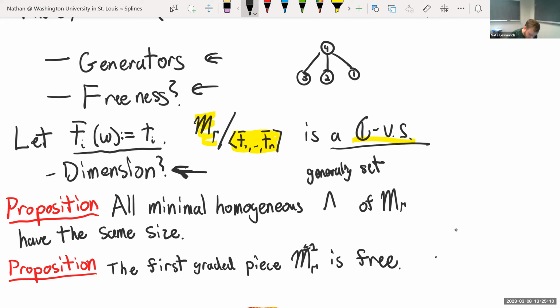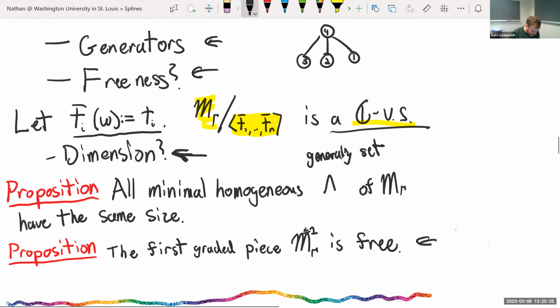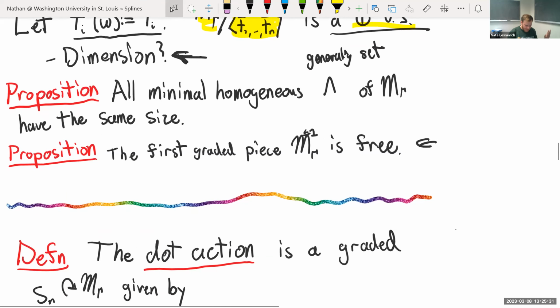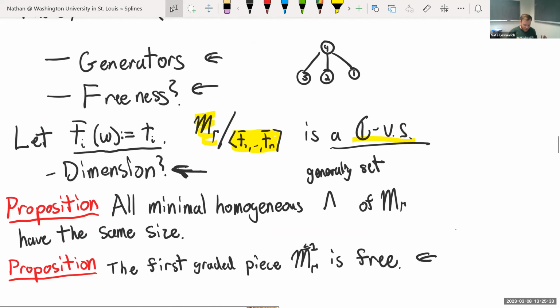So a lot of the questions that I'm going to talk about in the second half, I'm going to be able to answer specifically for the linear case, because we have freeness and there's no higher order relations to mess everything up. So we have M gamma, and we want to study this module.